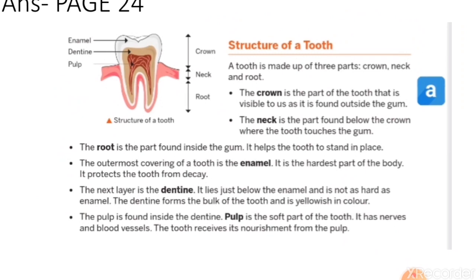And the third part is the root. The part of the tooth below the gum is called the root. This part is not visible. It is found inside the gum. It helps the tooth to stand in place. Roots support the tooth to hold in the gum.